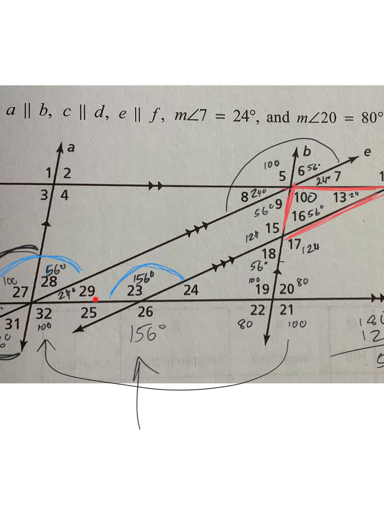Angle 29 and angle 25 are what to each other? What are these two angles to each other? How do you classify them? What name? 25 and 29.